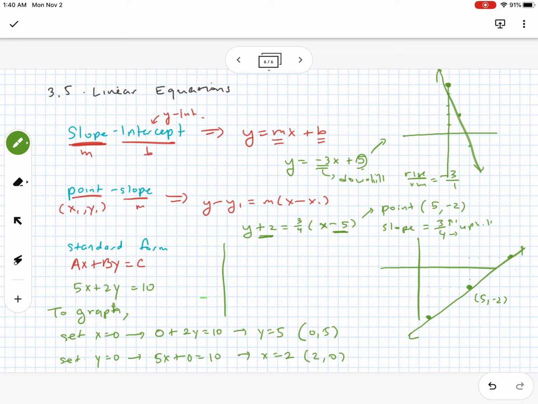So 2, 0, right? And so what we can do is we go to our coordinate axis, we graph 2, 0, we graph 0, 5, and we've graphed what we call the x-intercept, and we've graphed the y-intercept, and then we can connect those 2 points to make our line, okay?